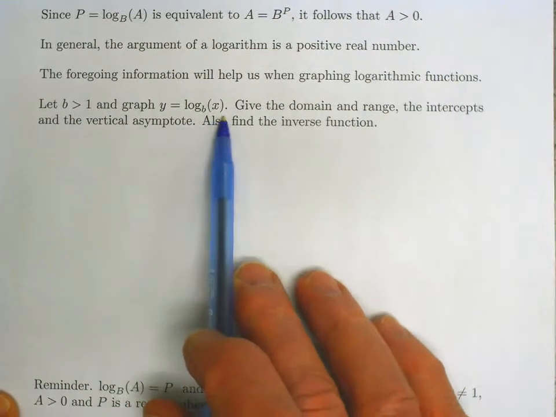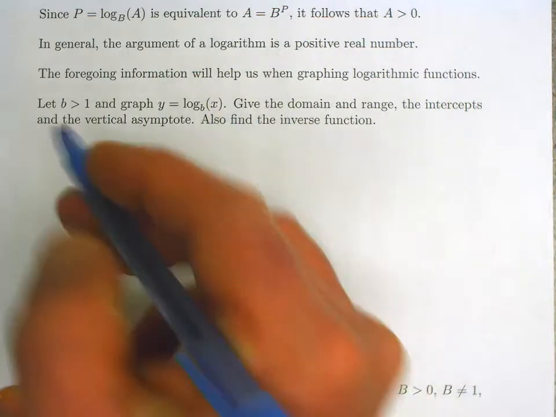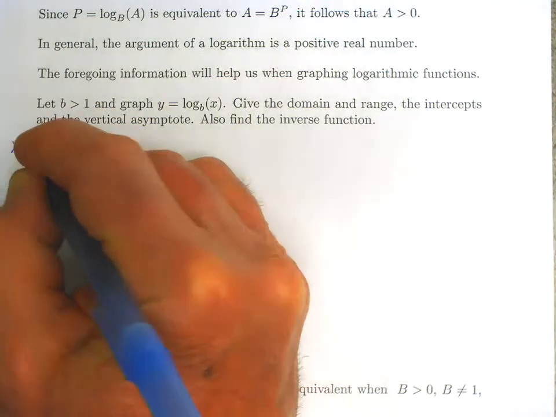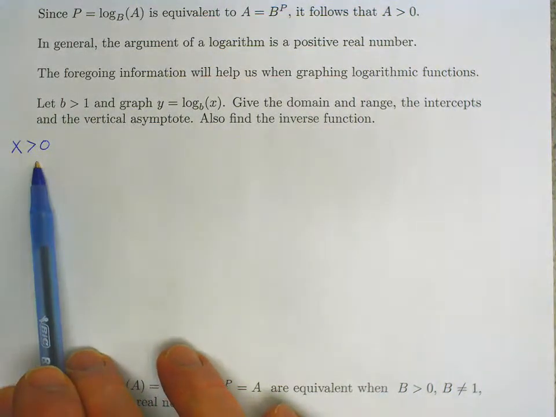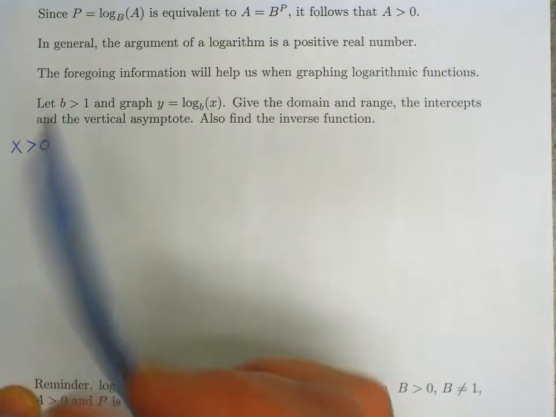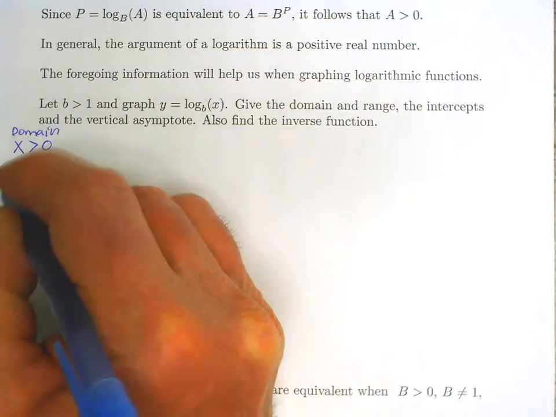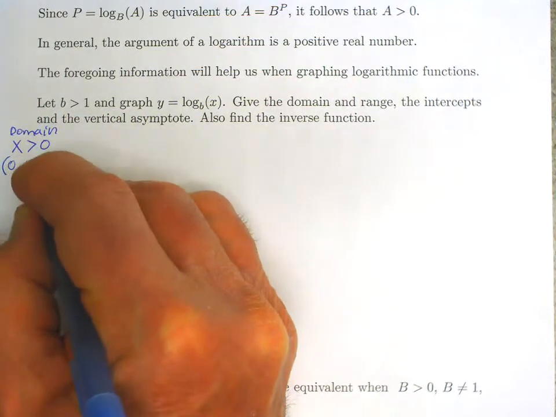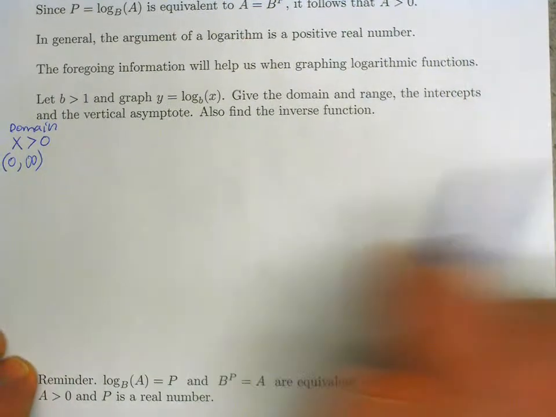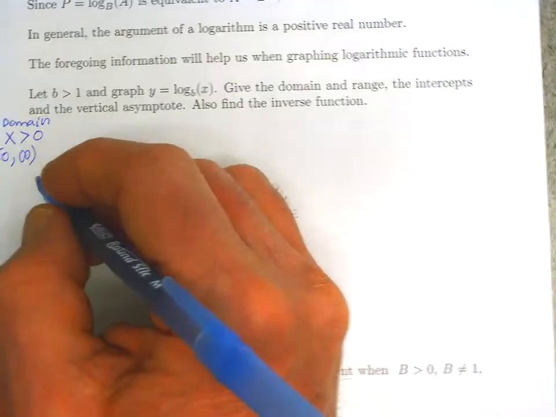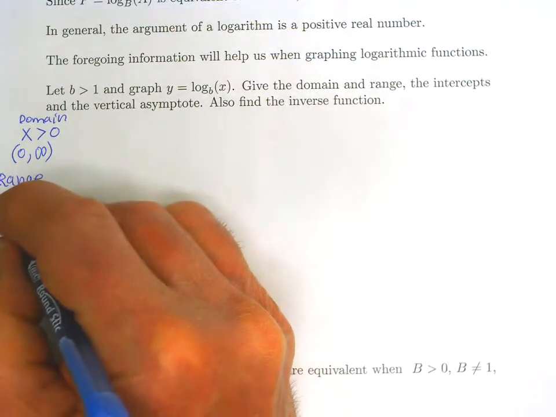Okay, so first let's find the domain. The argument of the logarithm is x, and remember what we said about arguments of logarithms. Arguments have to be greater than 0. They have to be positive. So the interval notation for the domain is parenthesis 0, infinity. The range turns out to be all real numbers.